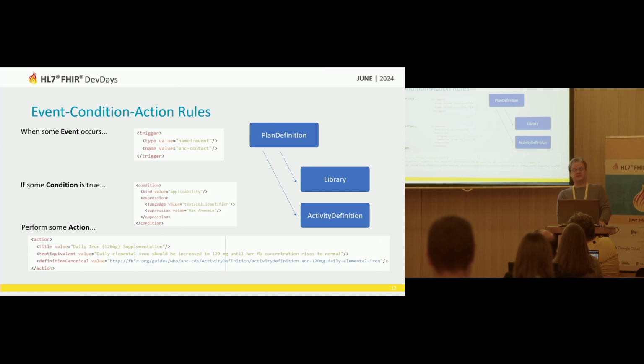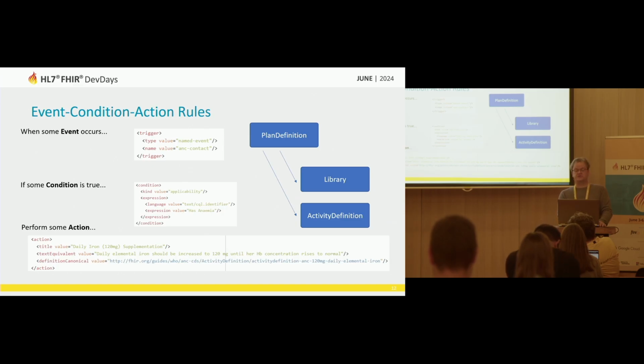So when some event occurs, in this case, it's the patient view. This is an example of an ANC contact. It doesn't have to be CDS Hooks. You can put any kind of events in there. Your client needs to understand how to plug that in.